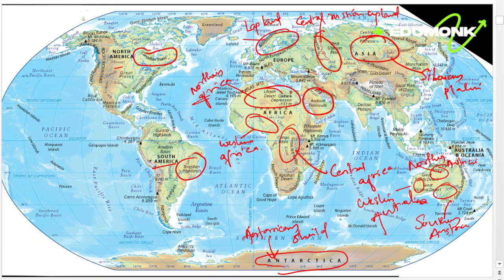Then here the Arabian plateau. Then here in our India, the Deccan plateau. These are all our ancient crust formations in our world.